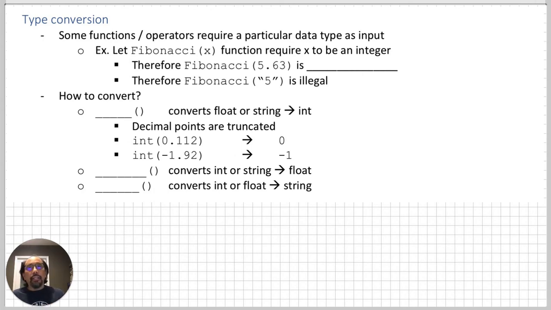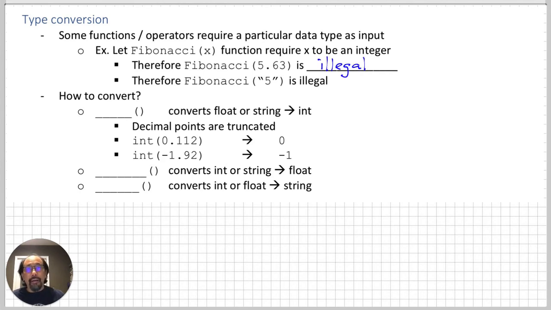So let's take an example of a function. Just make this up. The Fibonacci function has one input, and let's say this is a made-up situation. Let's say that this input x has to be an integer. If that were the case, if I did something like this and I supplied this floating point value to it, that would be illegal.